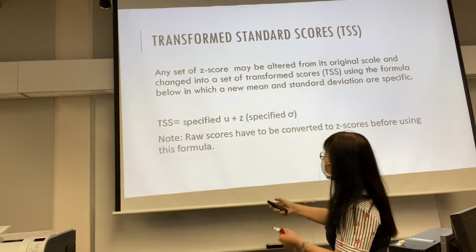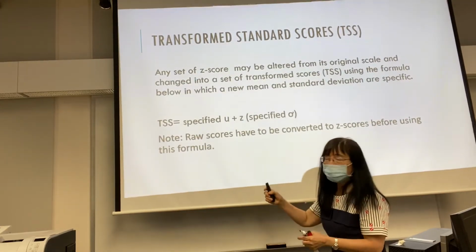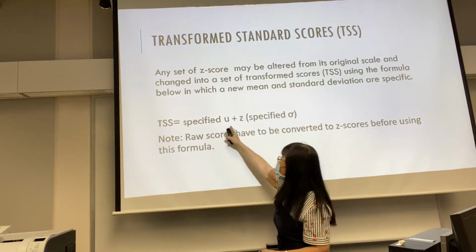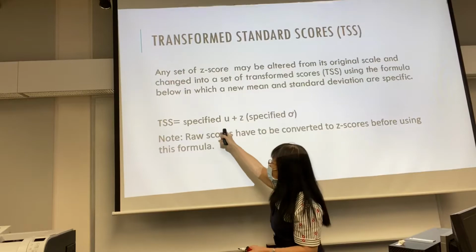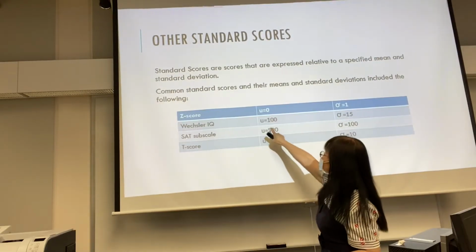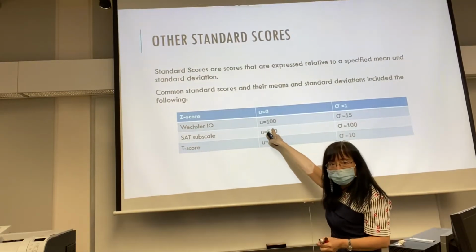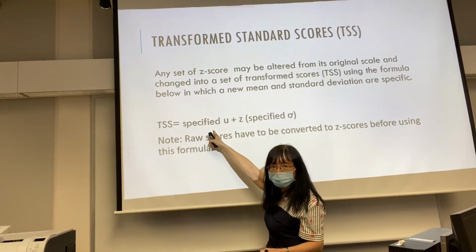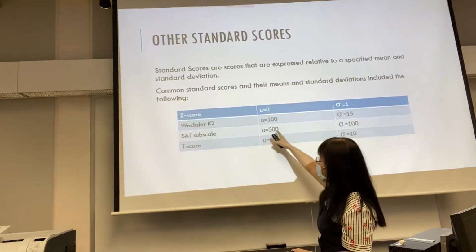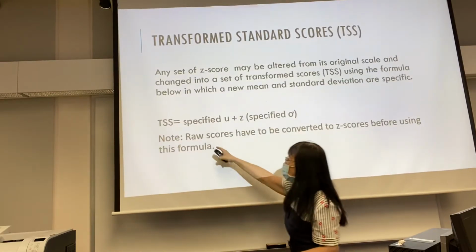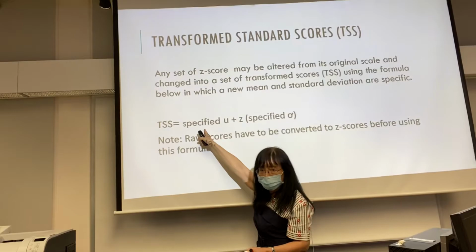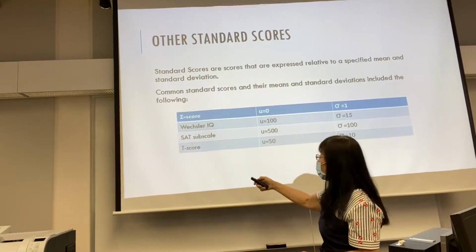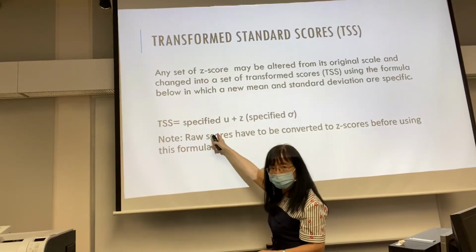You need to get your Z-score and put in the mean they already set up for you. For example, if you want to get IQ, then the mean is 100. If you want SAT, then this one is 500. If you want the T-score, then it's 50.